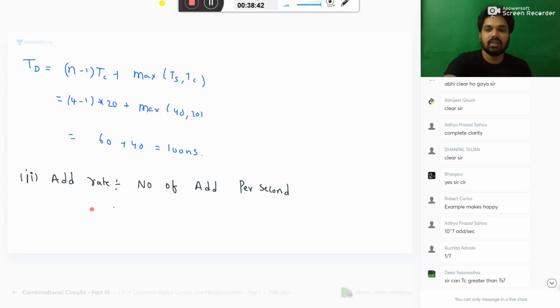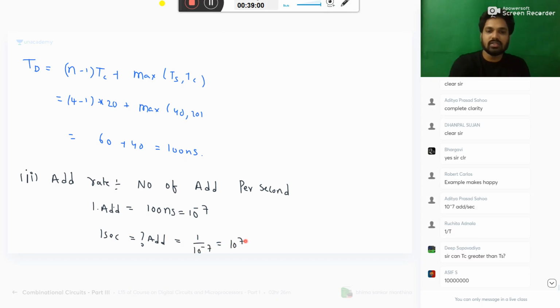Now, listen here. One addition requires 100 nanoseconds, that is 10 power minus 7 seconds. So in 1 second, how many additions? 1 by 10 power minus 7. That is 10 power 7 additions will be performed per 1 second.